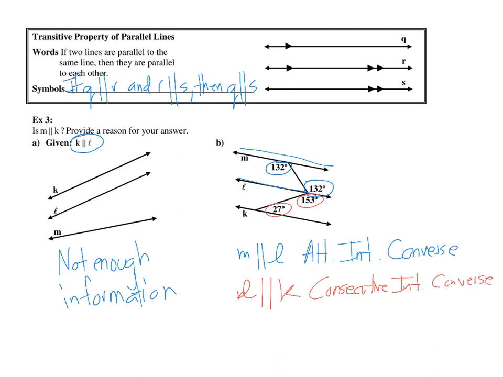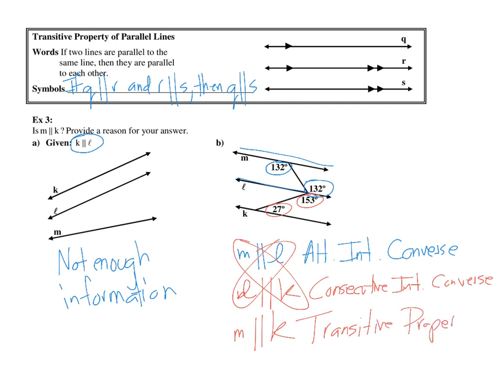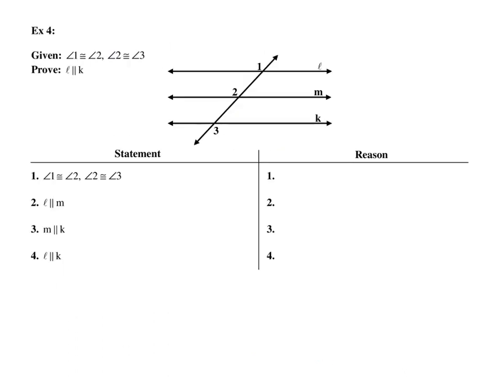And so I know that M is parallel to K, all right, by what property? The transitive property of parallel lines. Okay, not too bad, simple stuff.